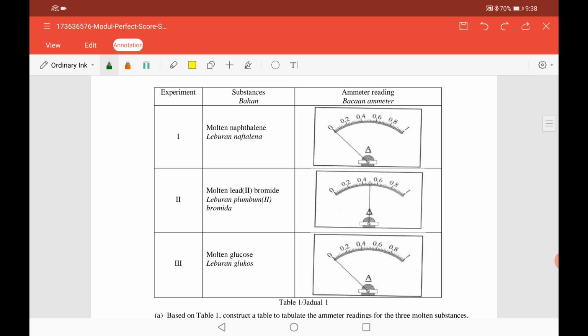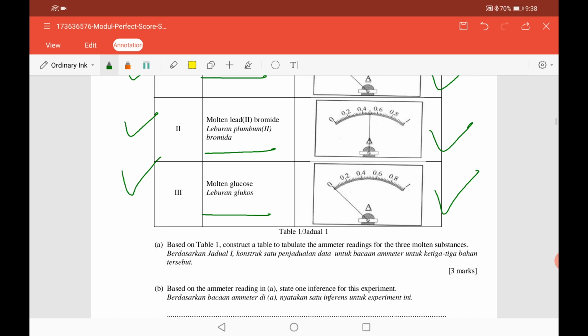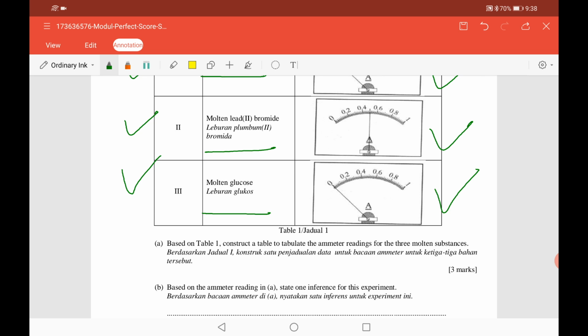Okay, so now you can see we have a total of 3 experiments with 3 different molten substances and also their corresponding ammeter reading. So question A asks us to construct a table to record the ammeter reading for 3 molten substances. So now how are we going to do this?